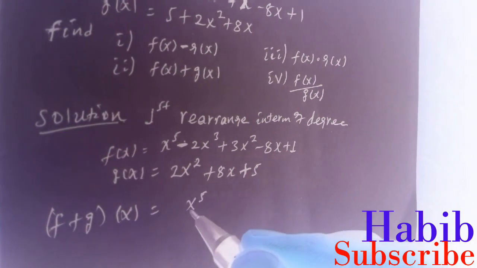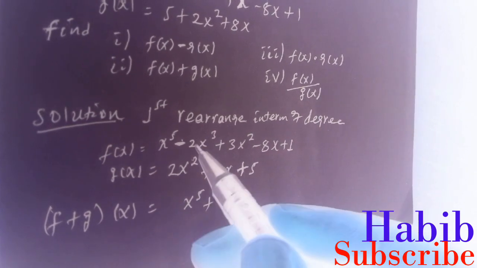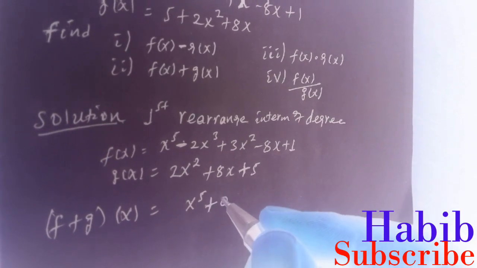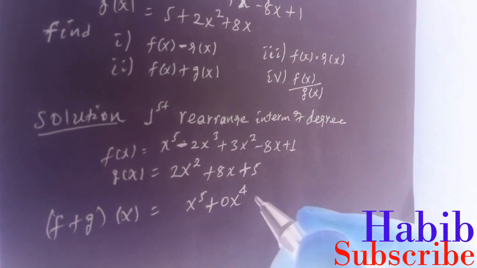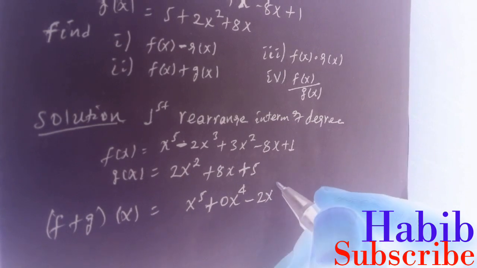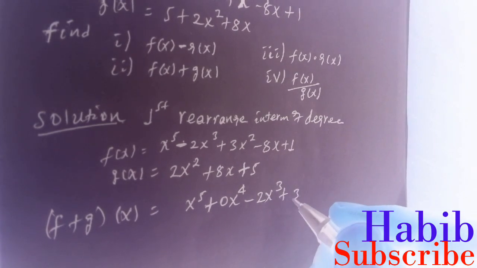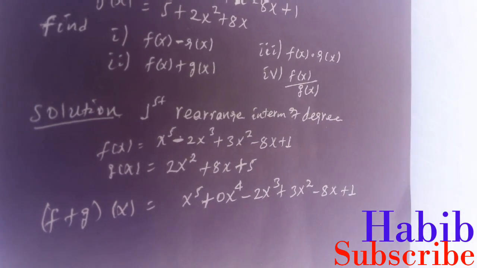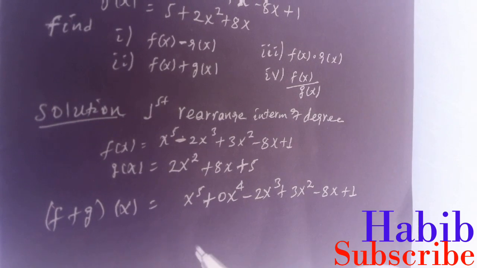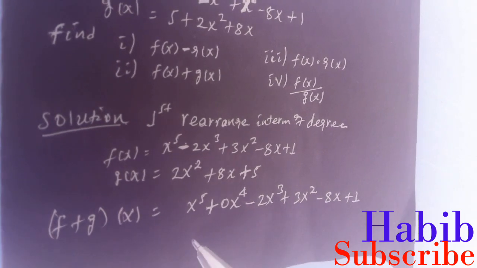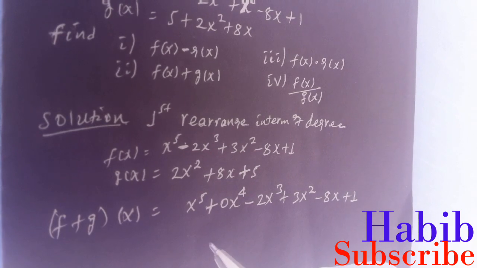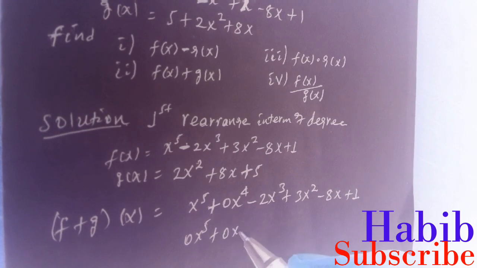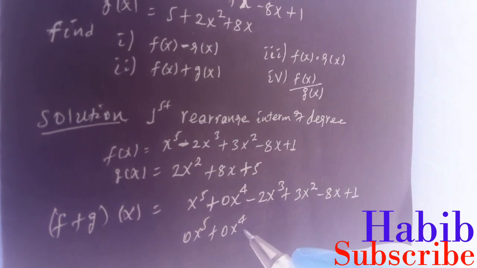Therefore, we can rewrite it in column form: x to the power of 5, the next is x to the power of 4 for our purpose, minus 2x cubed plus 3x squared minus 8x plus 1, and g of x in column form, second row: 0x to the power of 5 plus 0x to the power of 4, because there is no expression with degree 4.